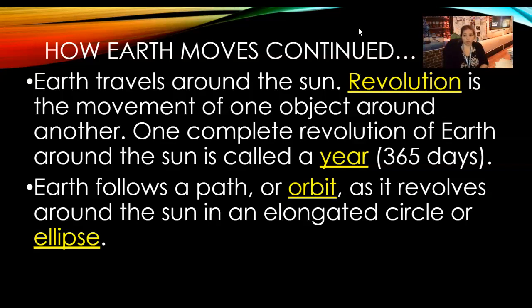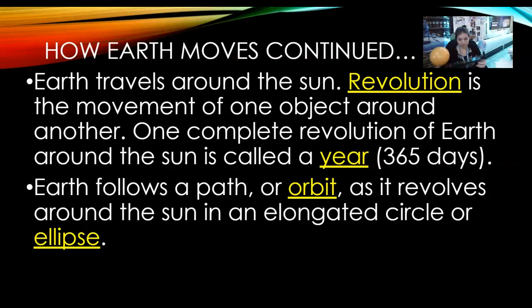So the Earth travels around the sun. If you didn't know this, the Earth does travel around the sun. And when it does that, it has its own term. It is not rotation, but revolution. So the Earth goes around the sun, and it takes 365 days. However, it is not exactly a beautiful, beautiful circle.